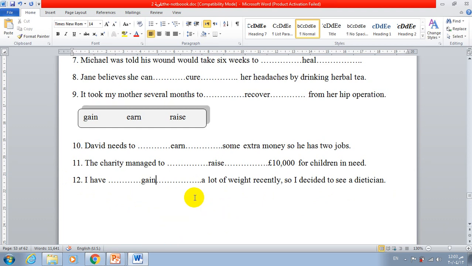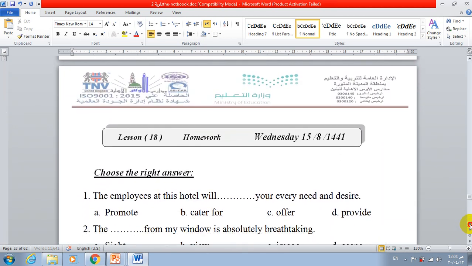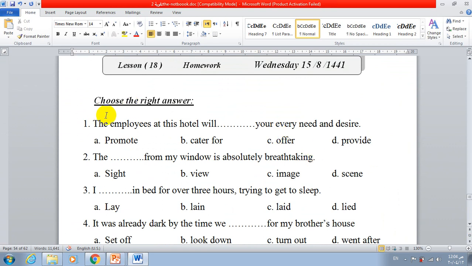Okay, let's go to your notes on page 54. Here I'd like you to choose the right answer. Number 1, the employees at this hotel will cater for your every need and desire. The right answer is promote, cater for, offer, provide.